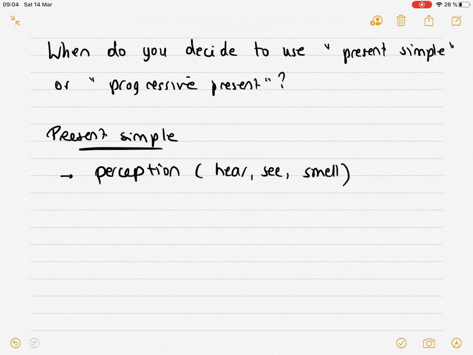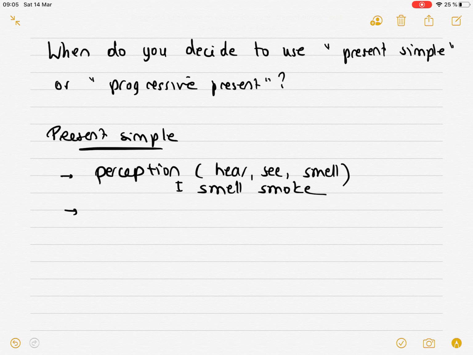Because most of the time, if you suddenly feel or unexpectedly perceive something, it's in the moment. You wouldn't need to add the progressive present to express the fact that it's ongoing the moment you're talking. You would simply say, I smell smoke. Right? And you wouldn't say, I am smelling right now smoke. If you say, I smell smoke, we understand that it's the moment you're talking. So we would use this more than the be plus ing.